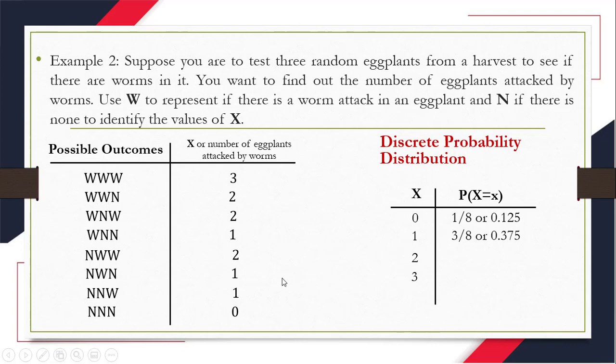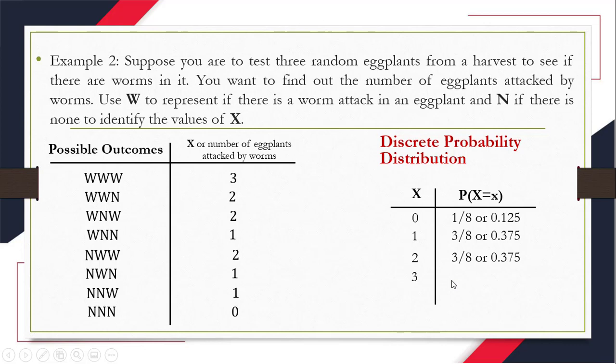Now, the next one is 2. We count how many 2s are here: 1, 2, and 3. So that is 3 over 8, or 0.375. And lastly, we have 3. We count how many 3s are here. That would be 1, so 1 out of 8.